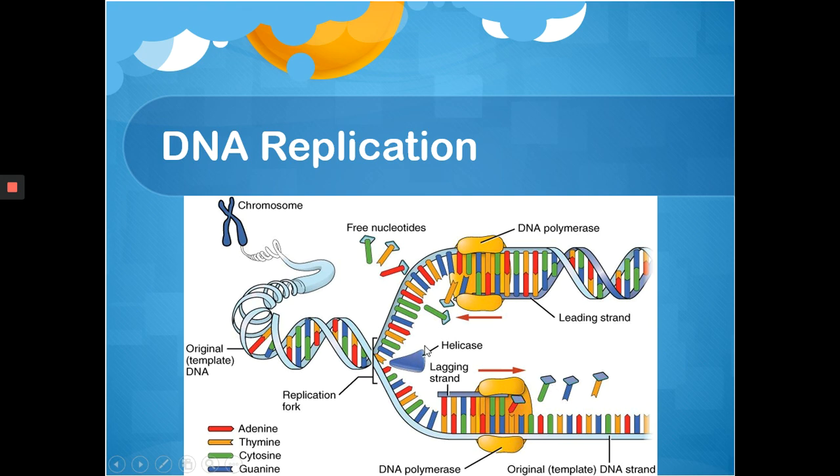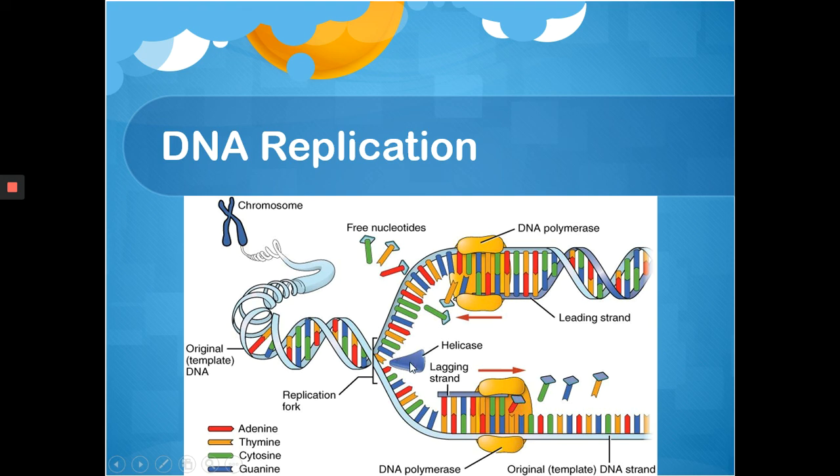It is split, and here we have these open base pairs that I was talking about, and these free-floating base pairs within the nucleus are just going to come and match up with their base pair rules.